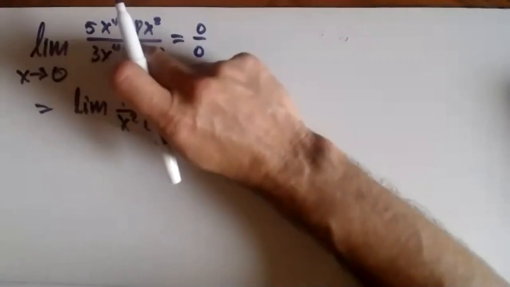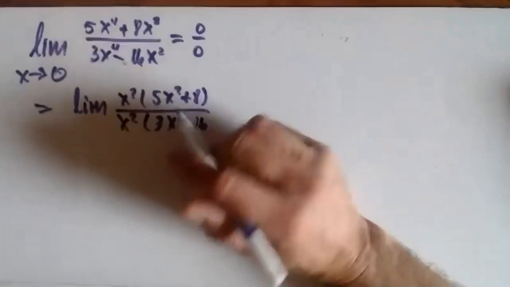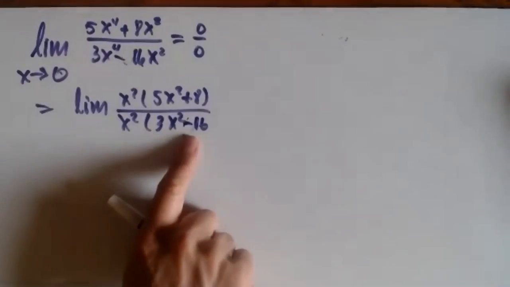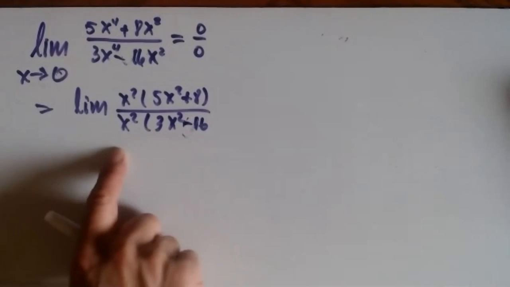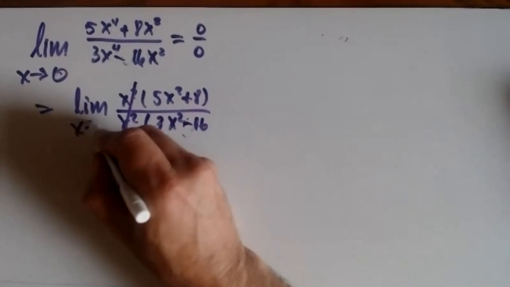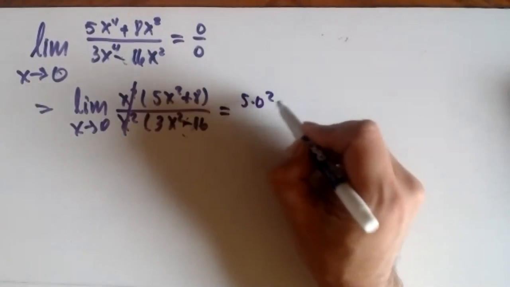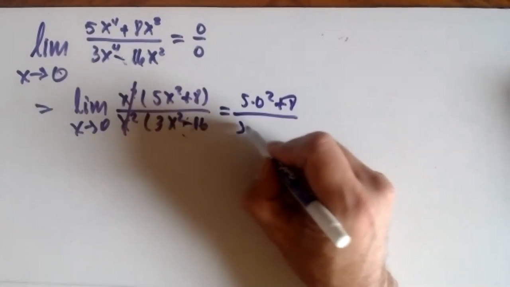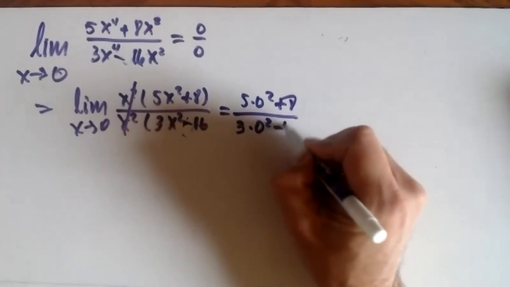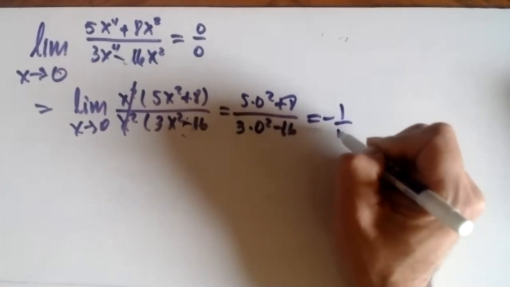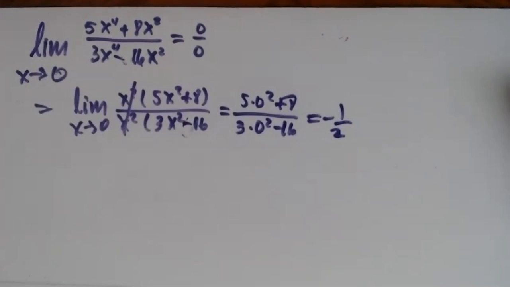So you see, I'm doing the algebra in the same expression. So I cancel, and then I put the value, 5 times 0 squared plus 8 over 3 times 0 squared minus 16, and you get the same answer, correct? Negative 1/2.